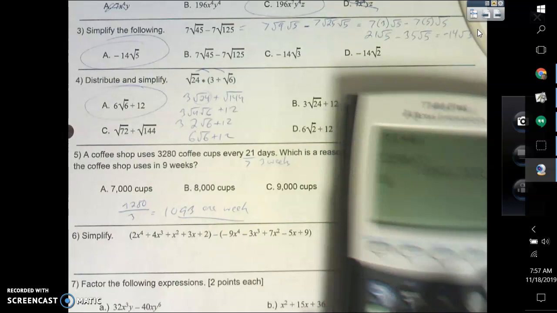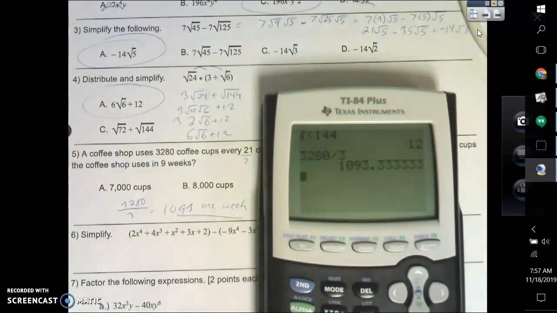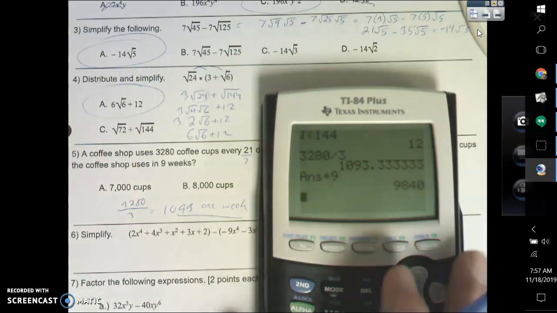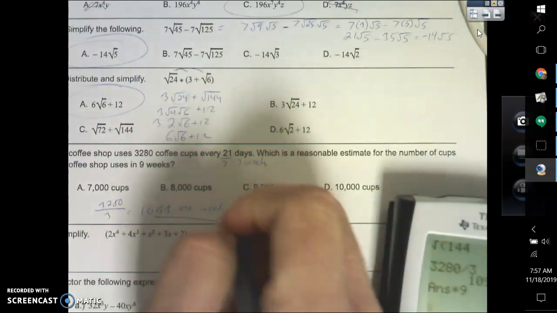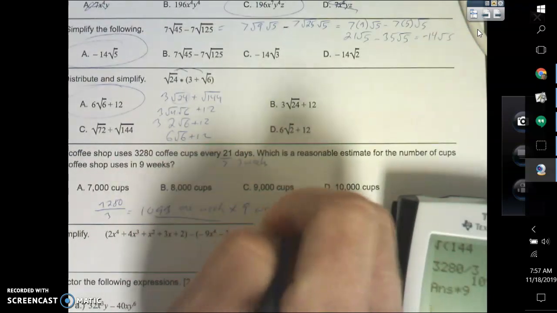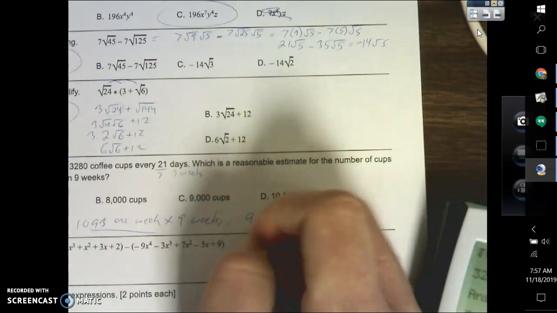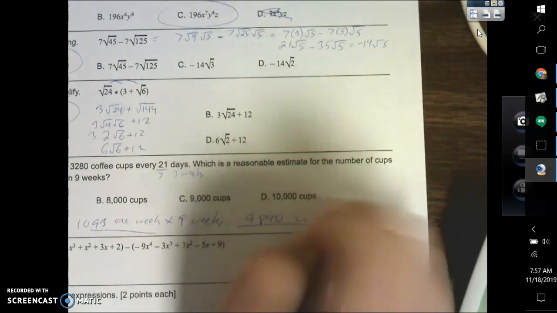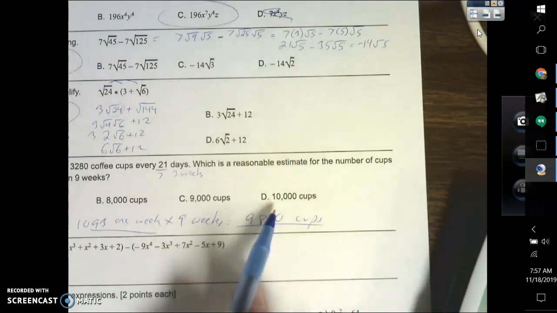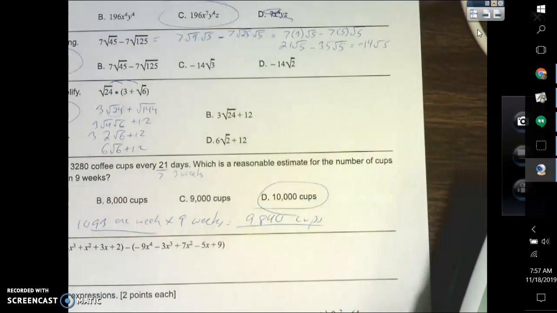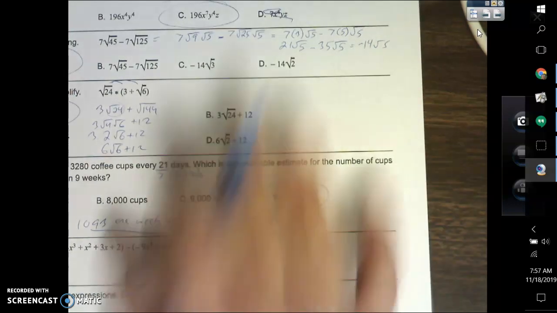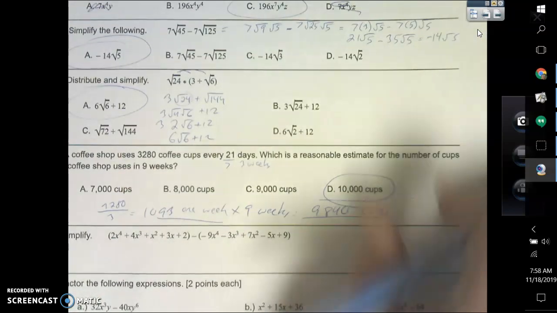And you want 9 weeks, so I'm multiplying that by 9. 9,840. So 9,840 cups. And that is closest to, between 9,000 and 10,000, it's closer to 10,000. Boom. I know it's an estimation problem. I always just use the regular numbers and estimate at the very end.